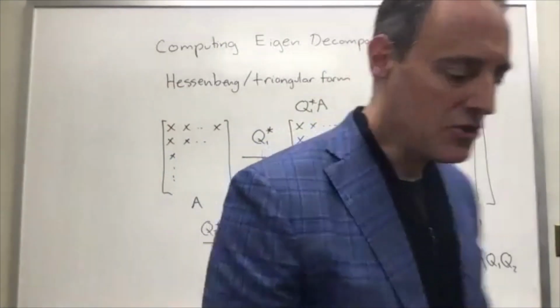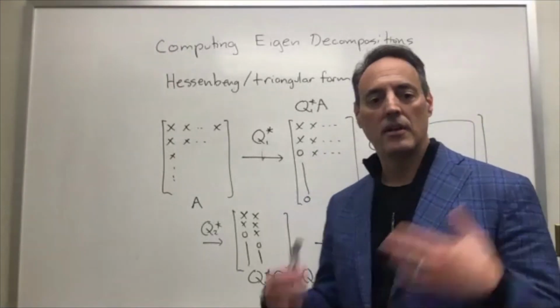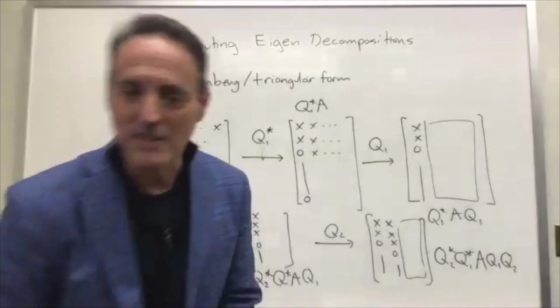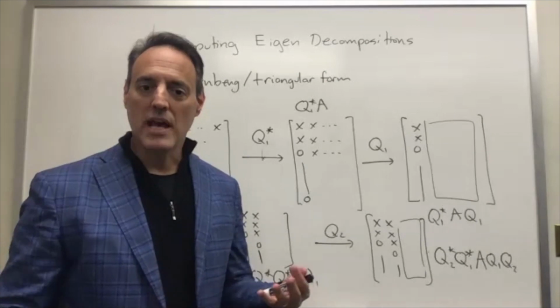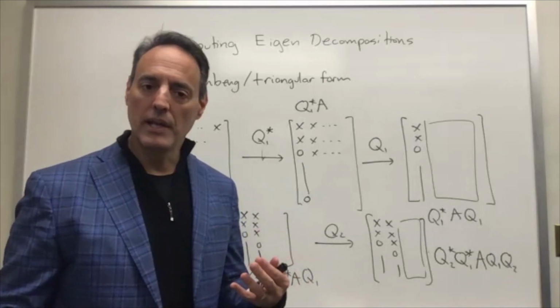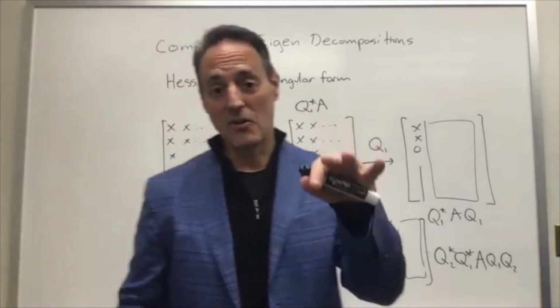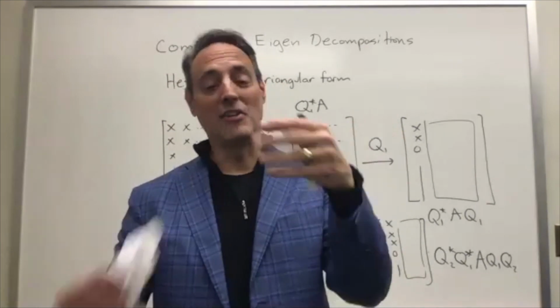But I want to turn my attention now to the most important of the eigenvalue decompositions that we want, which is related to computing the SVD. Notice that to this point, we really haven't talked about computing the SVD. All we've done is, if you're in Matlab, you could just do the SVD by saying SVD(A).